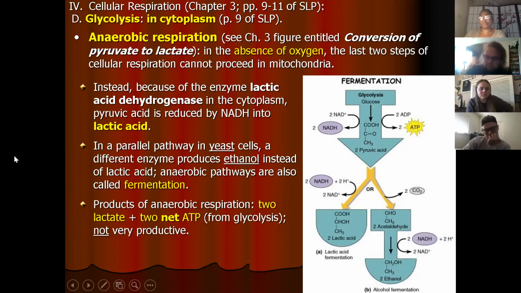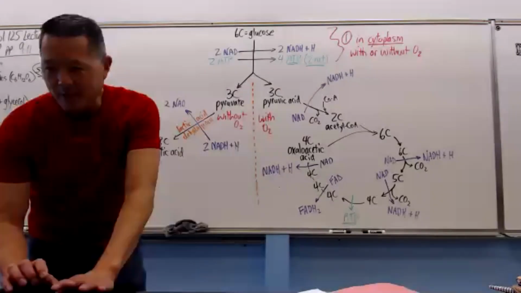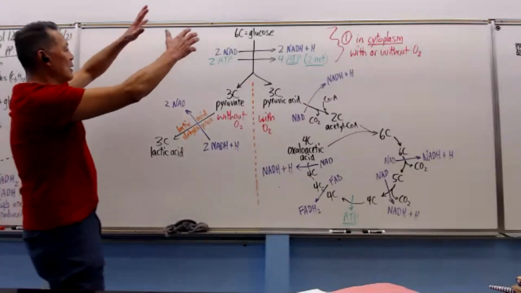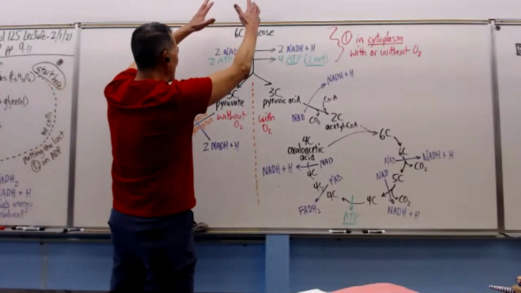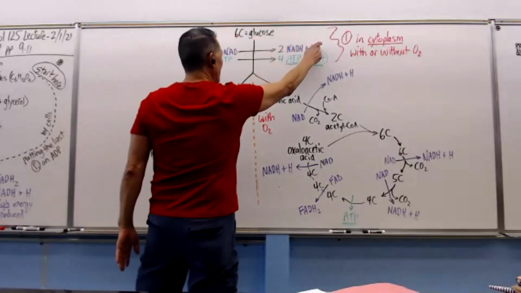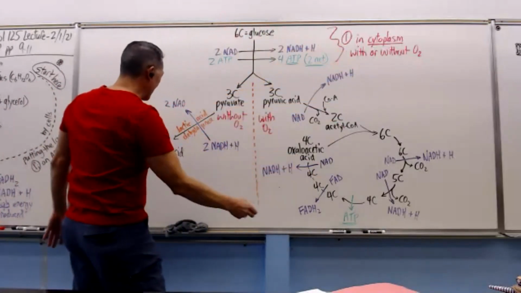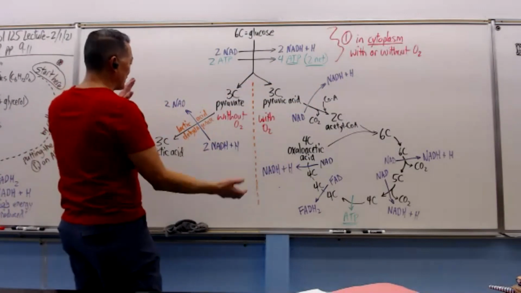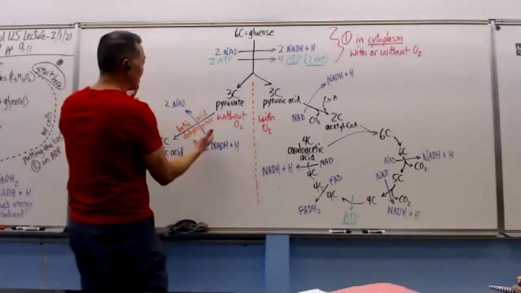All right, so for this step, you will only get 2 lactates. Again, that's the same as lactic acid. And the 2 net ATPs from up here. The way to look at this on the whiteboard is that if both sides are doing anaerobic respiration, these 2, I gotta go this way, because one is on one side and one is on the other.